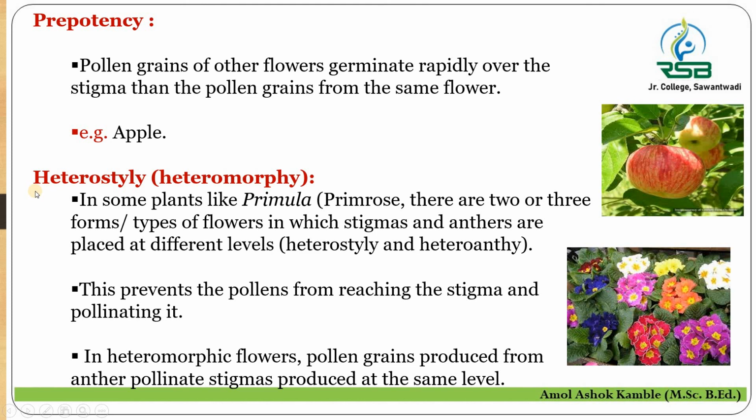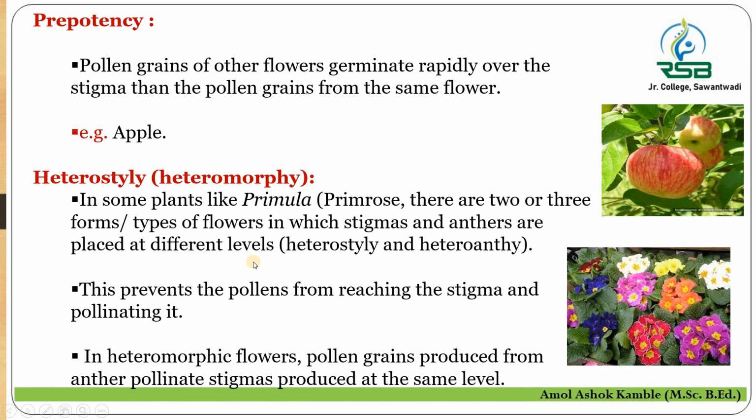Then come towards the fourth outbreeding device, that is heterostyly or heteromorphy. It is found in the plant primula, that is the primrose. This heterostyly or heteromorphy is a mechanism of outbreeding device. It is called the mechanical outbreeding device to avoid the process of self pollination in bisexual flower.